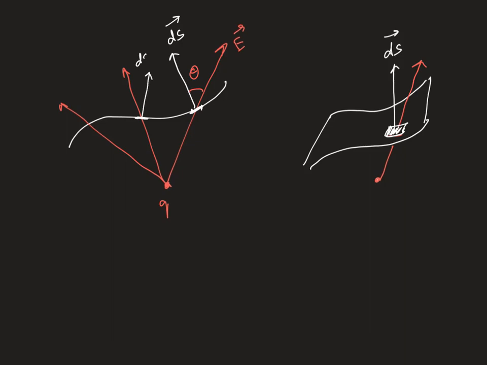This is another ds dash, and this is ds double dash, and you will have to find out E dot ds for this entire surface, at all points on the surface. And then you will integrate it, and then you will get the value of flux, whatever it is.